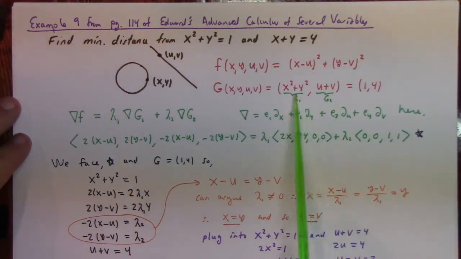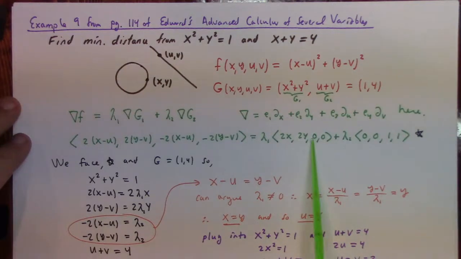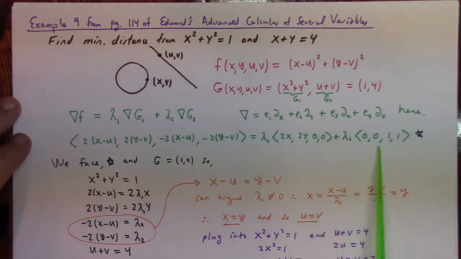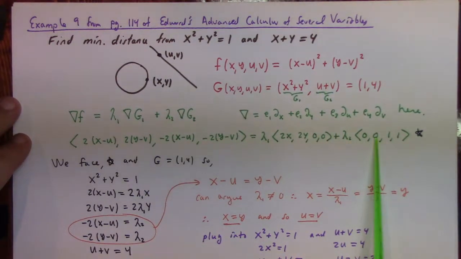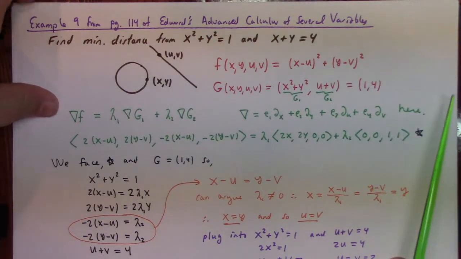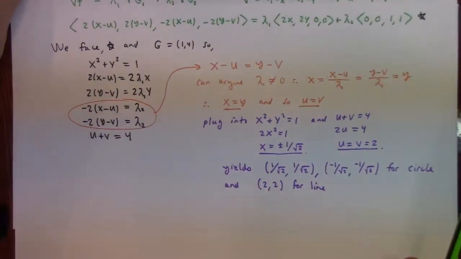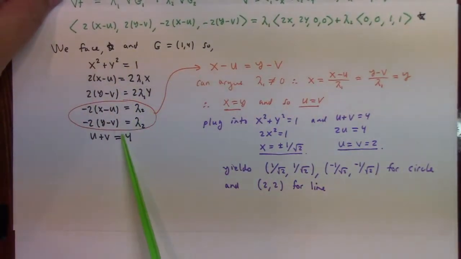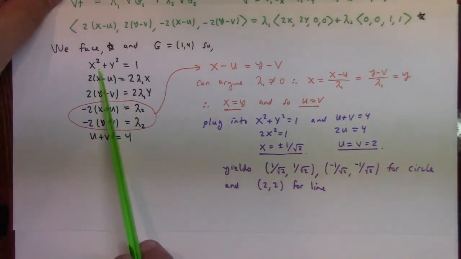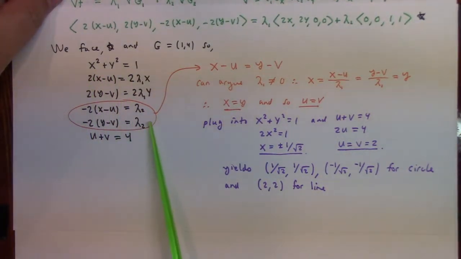It's easier for the g's. This just gives us 2x, 2y, and there's no u's and v's, so 0, 0. When I differentiate that, I get 0 for the x derivative, 0 for the y derivative, 1 for the u derivative, 1 for the v derivative. So, great. Then you have to solve all these at once. So we have to solve these Lagrange multiplier equations, and I'm just following Edwards basically.